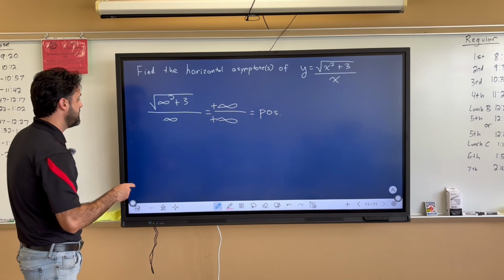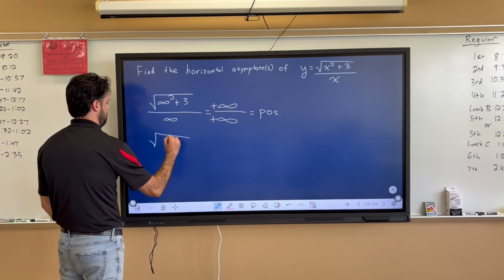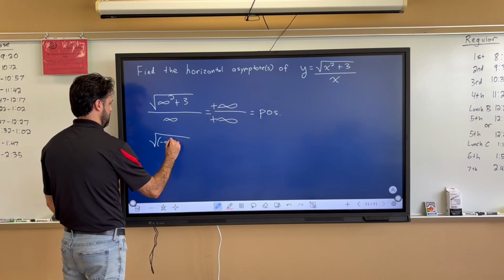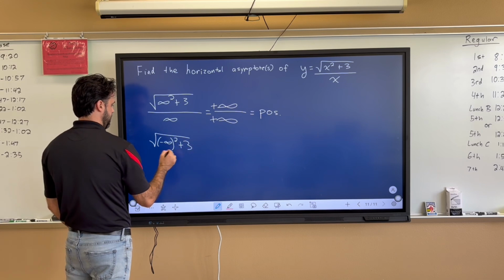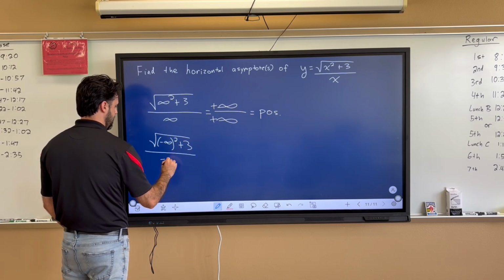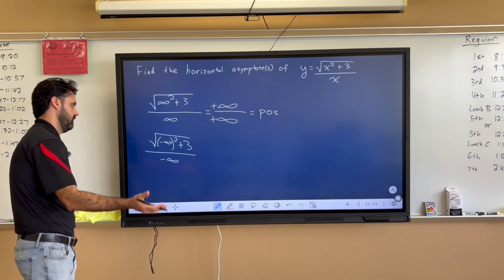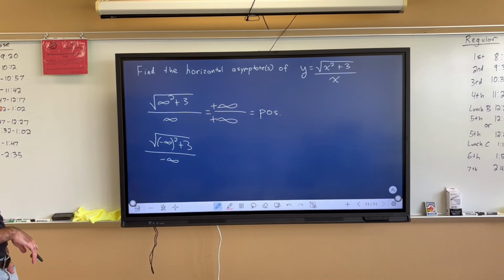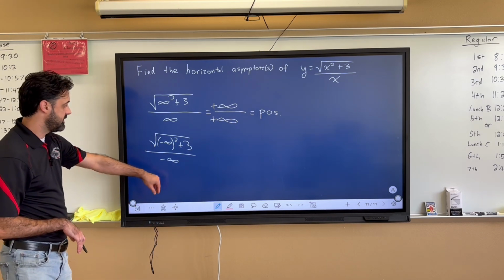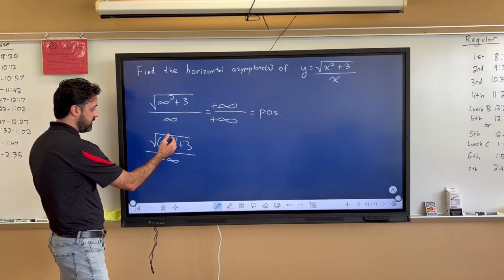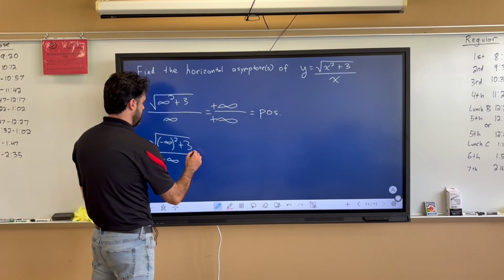Now, if I did the same thing with a negative number, okay, and I'm just using infinity, but again, really any large negative number would work here. All right, so now if we simplify, if I square negative infinity, I'm going to get positive infinity.